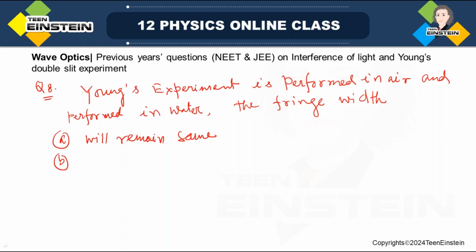Option B will decrease. Option C will increase. And option D will be infinite.